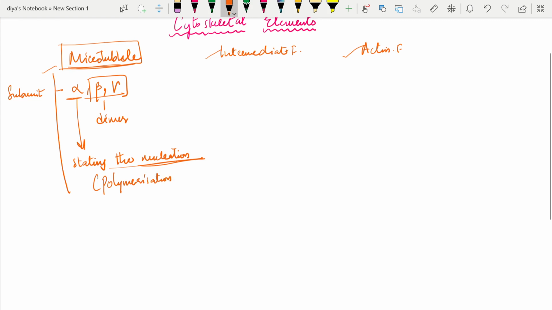Coming to the intermediate filaments, they are associated with desmin. Second, they are associated with NF, the neurofilaments, and next are keratin and vimentin.